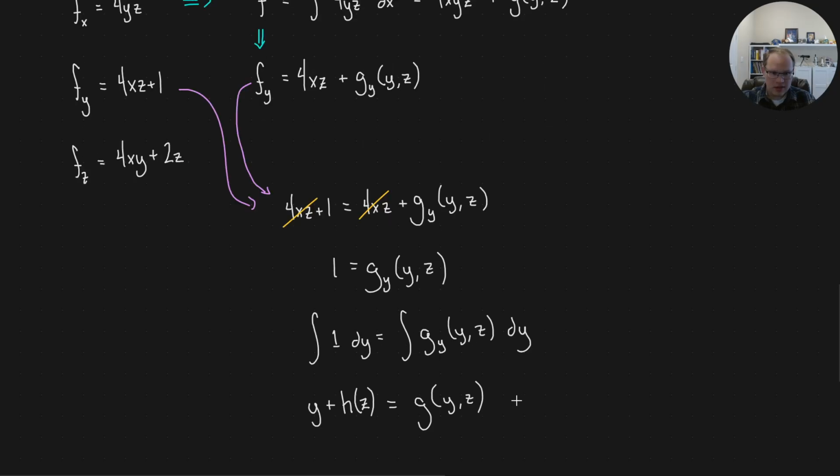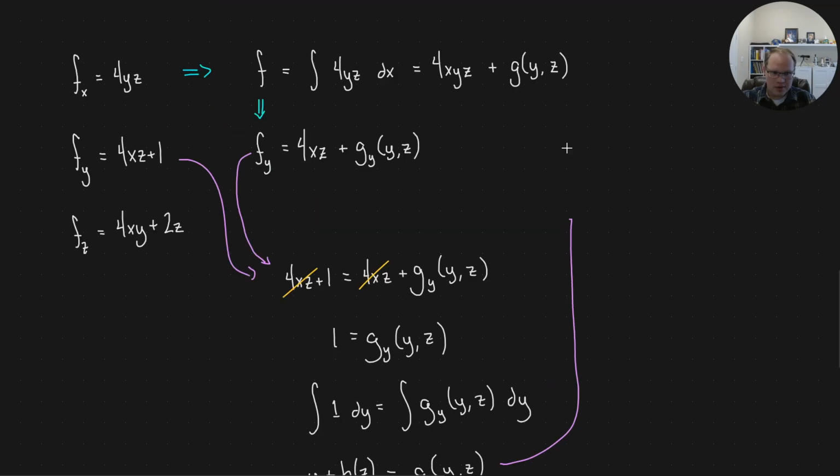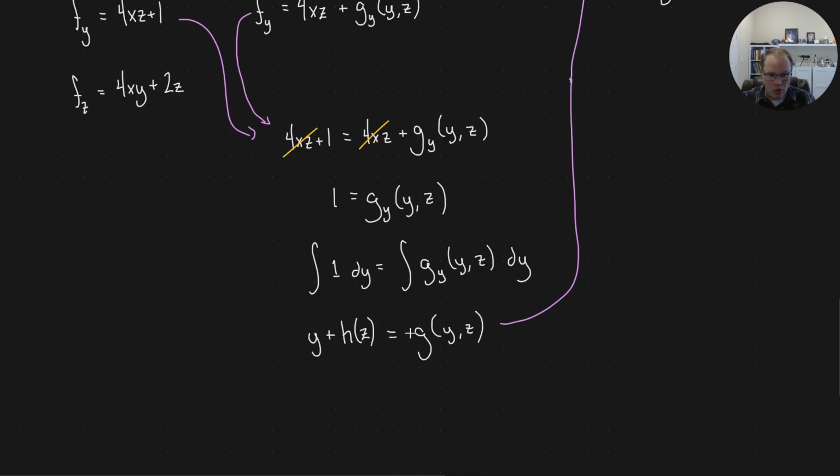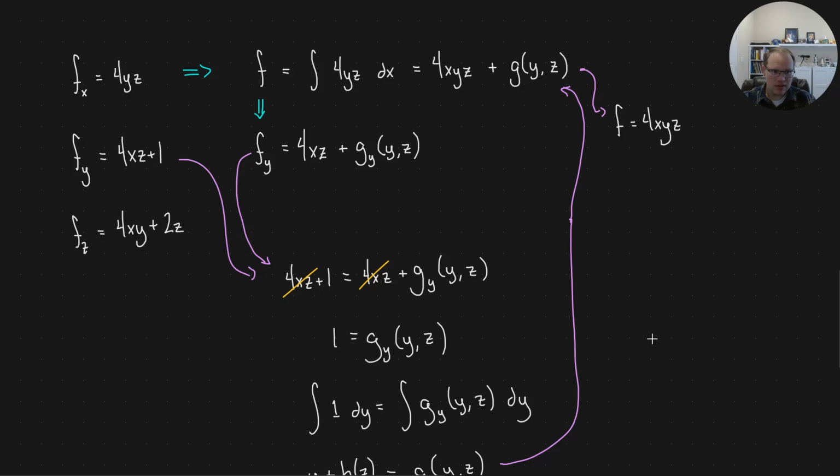So let's take this, pull it up here, plug it in. What do we get? We have our f is equal to 4xyz plus g of yz. But we now know a little bit more about that g of yz. It must be y plus h of z. So plus y plus h of z. I still need to find that h of z for my final answer, for my final potential function.